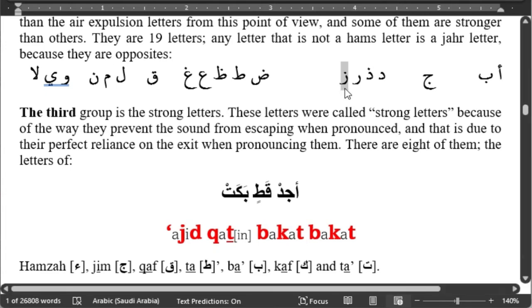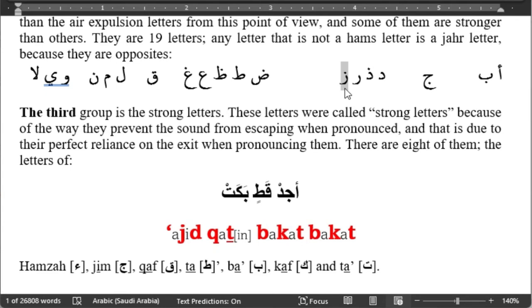But if you're saying that letter and pushing the air out like it's a sin or a sad, then your zay is imperfect. Zay, suppress the air. Zay.